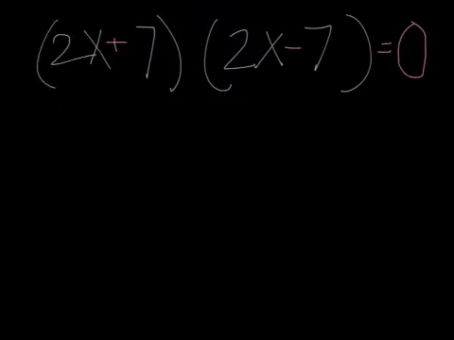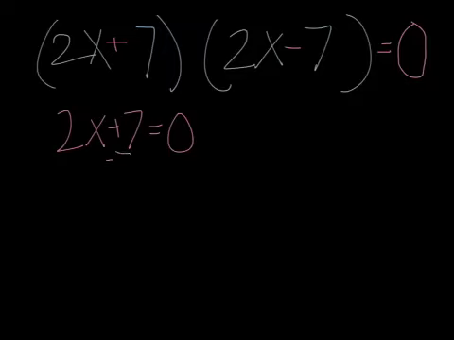I'm going to break down each binomial one at a time. I'm going to start with the first one, 2x plus 7. So here I have 2x plus 7 equal to 0. Here we're solving for x, so the key is to get x by itself. In order to get x by itself, I have to remove everything to the other side of the equation. I'm going to start with 7.